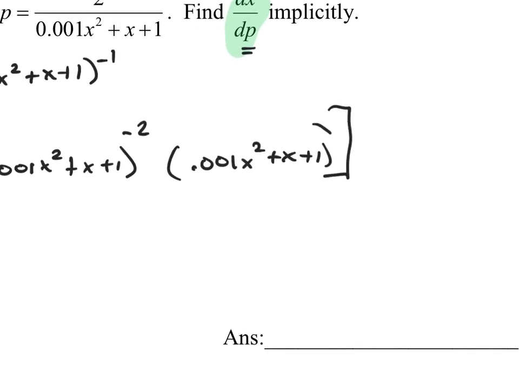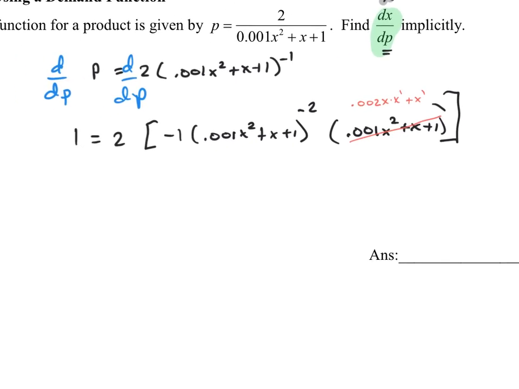Well, what's the derivative of 0.001x squared? Remember, we have to use x primes here. So the derivative of this term right here would be 0.002, because you have to multiply that times the 2, x times x prime. And then plus the derivative of x is x prime, and the derivative of 1 is still 0.